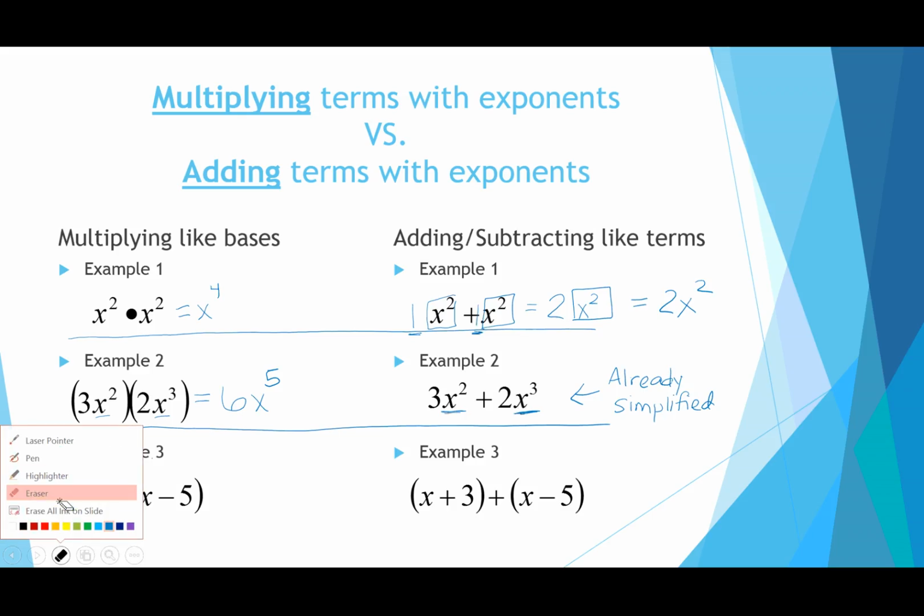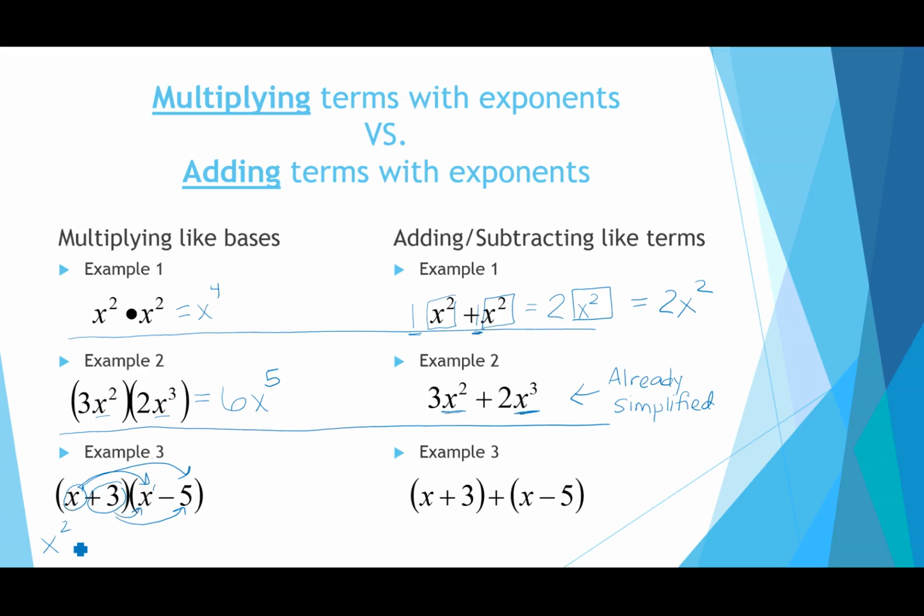Let's take a look at what that looks like. So x is going to be distributed and multiplied, as well as the positive 3. So x times x is x squared. When you're multiplying like bases, you add the exponents. There's understood ones there.